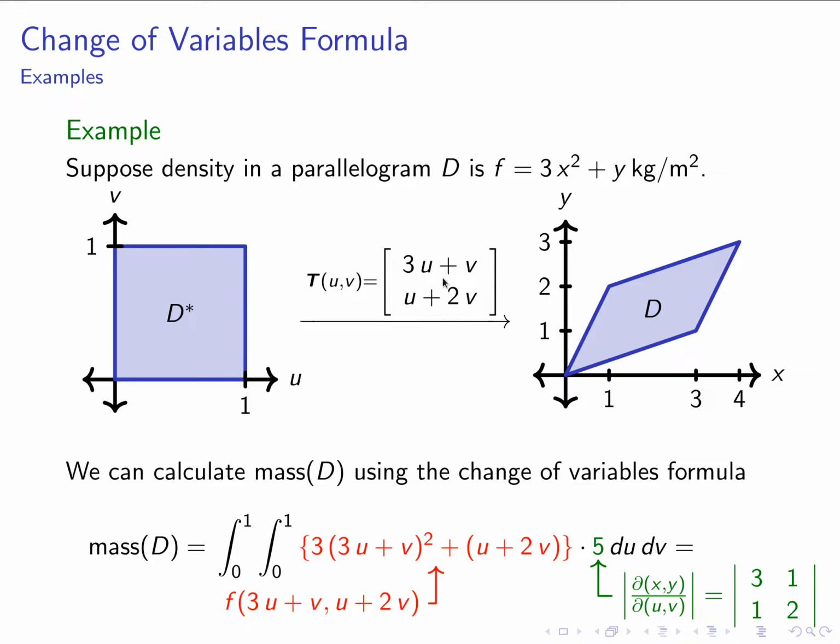When we look at the change of variables here, we see that the derivative of x with respect to u is 3. The derivative of y with respect to u is 1. The derivative of x with respect to v is 1. And the derivative of y with respect to v is equal to 2. So now when we take the Jacobian determinant here, we end up with 6 minus 1, which is 5. Now when we do the calculus, we end up with 80 kilograms, which is exactly the answer that we knew previously.